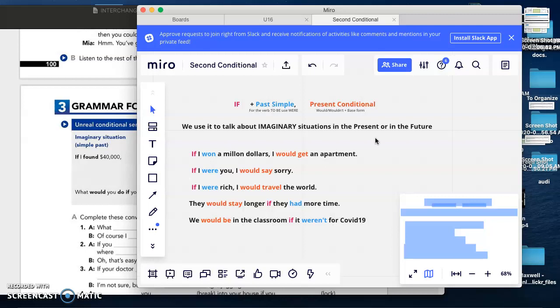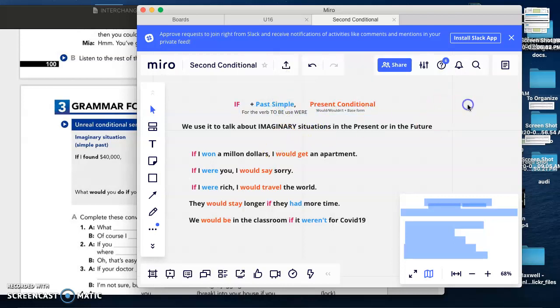So the way to talk using the second conditional, which is what I am explaining right now, is we use the if. So we use this particle, which is if, plus the past simple. So basically, if is going to be followed by the past simple. On the past simple, for the verb to be, as you can see in here, we use were.